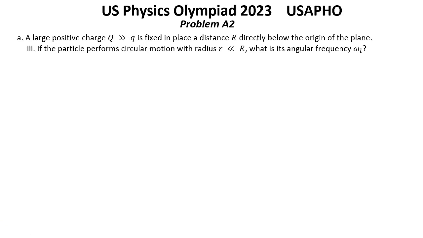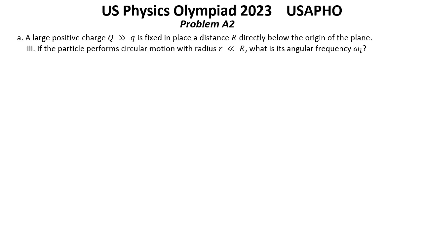Solution for question 3, part A. If the particle performs circular motion with radius small r much less than big R, what is its angular frequency omega L? Solution.